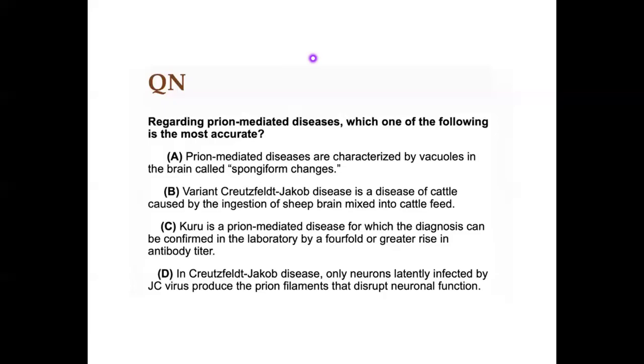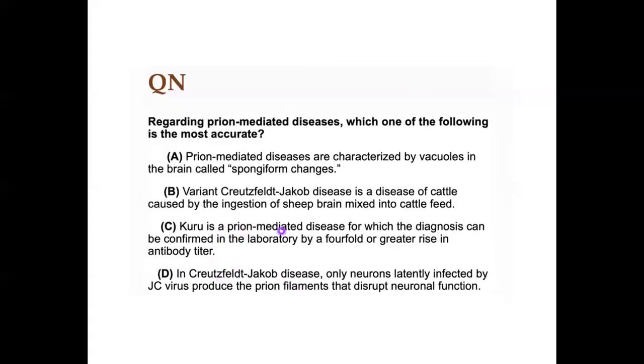It's under polyomaviruses. You'll see this virus is quite common especially in HIV patients who are immunocompromised. They usually get PML. So there's no way I've mentioned CJD and JC virus. They are very unrelated. Okay, let's go to the next choice.